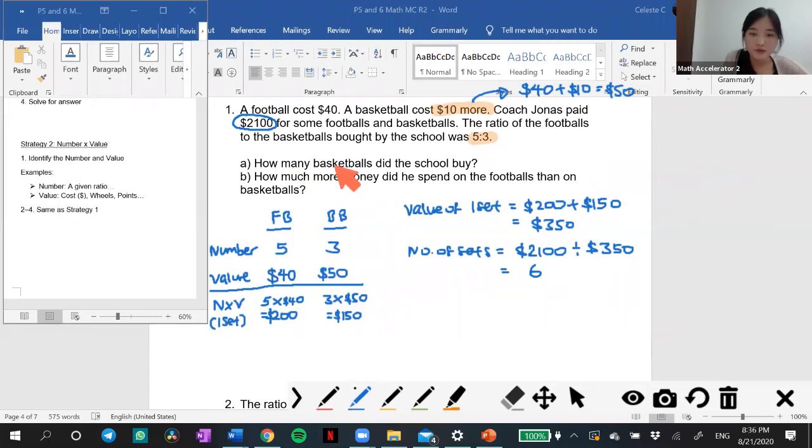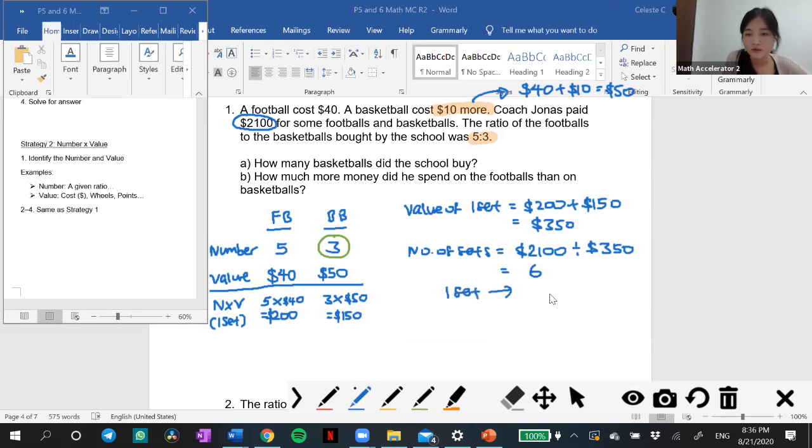Right, so now you want to find out the number of basketballs. So for the basketballs, look at the number. Right, in one set, you have 3 here. So if you have 3 basketballs in one set, how many do you have in 6 sets? So you can write it here.